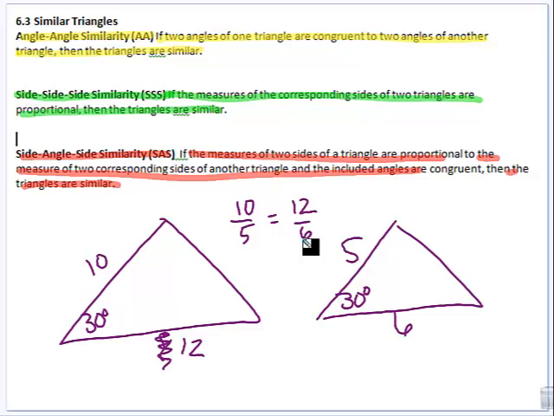So these two would be similar by side-angle-side similarity. Okay, so those are our three ways. We are looking for two angles being the same, three sides all having the same ratio or being proportional to each other, or if we only know one angle, then we're looking for the two sides surrounding that angle to be proportional.